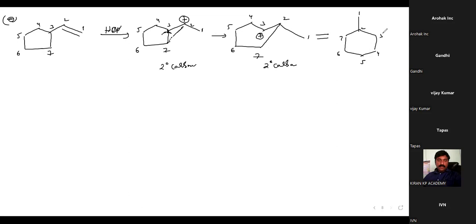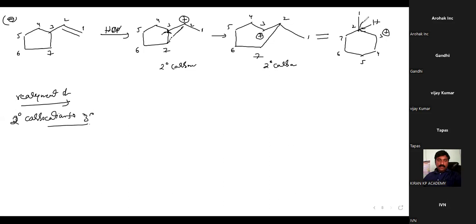At the third carbon, we have a positive charge. Now this is what type? A 2-degree carbocation. Now make a rearrangement of the 2-degree carbocation to 3-degree. Is there a possibility of a 3-degree carbocation? Yes, there is a hydrogen nearby at this place.